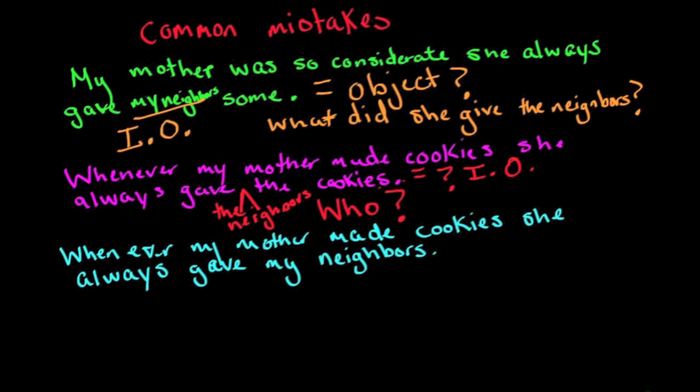Now, this sentence is a little bit complicated. I know here we state cookies, so we know what your mother is giving. But give must be followed by the indirect and direct object.